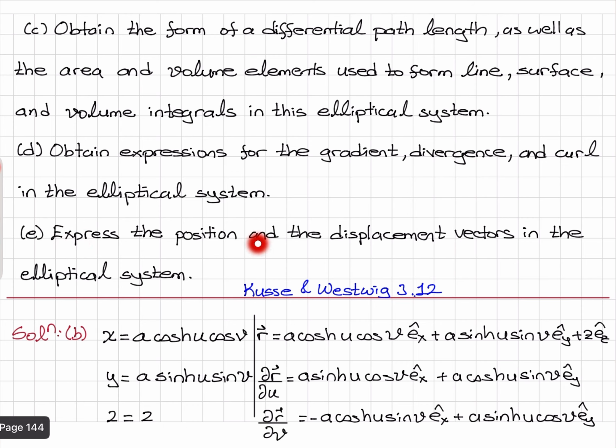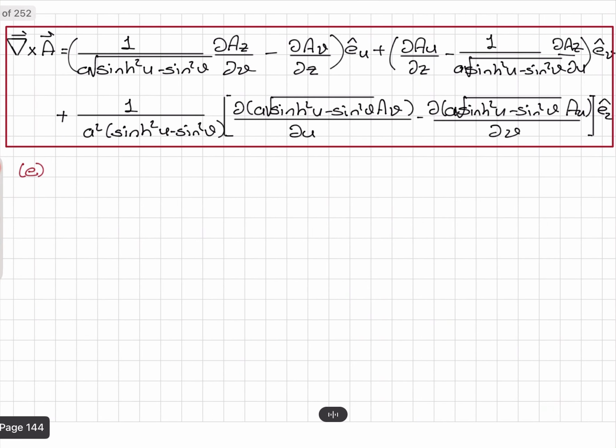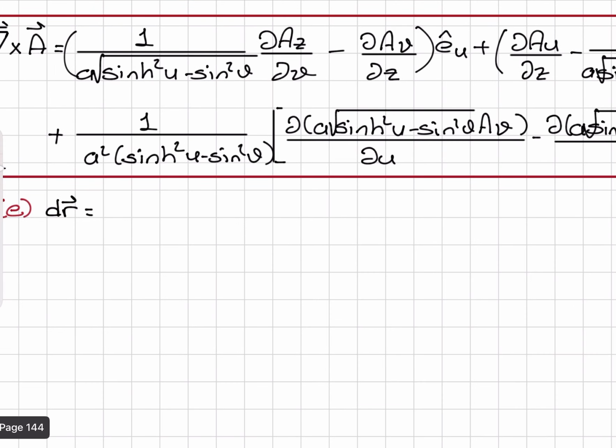Express the position and the displacement vectors in the elliptical system. So we're going to start with our differential displacement vector, dr vector. Dr vector, once you know the scale factors, is very easy to calculate.